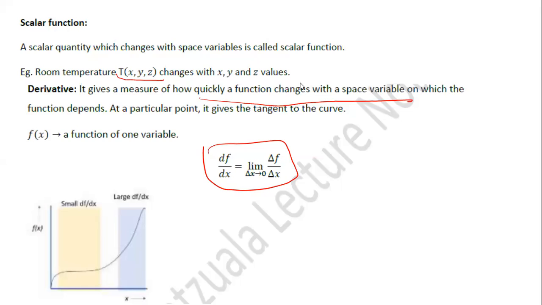So if you look at this, for example, let's say you plot a function f of x on the y-axis, and you plot the independent variable x on the x-axis like this.